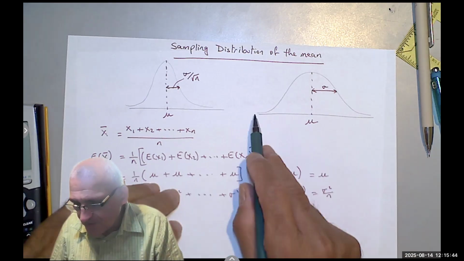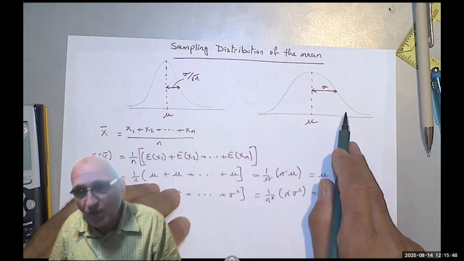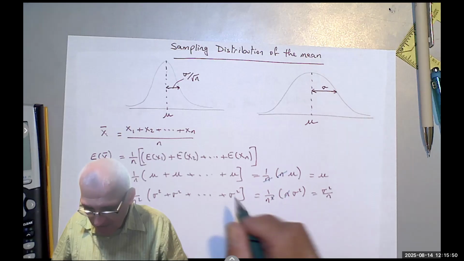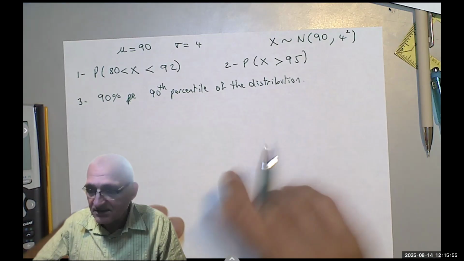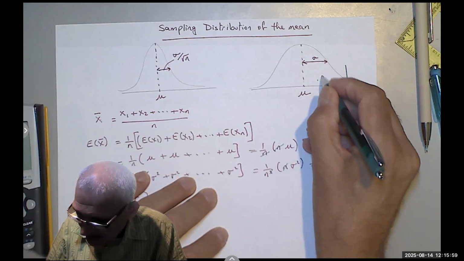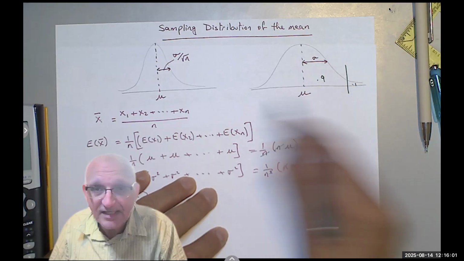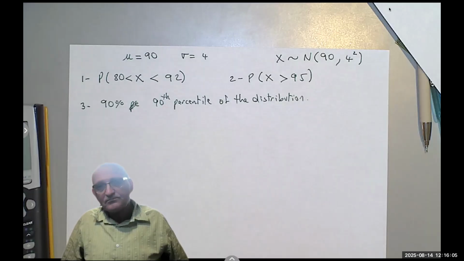Anyway, 10th, 20th, 30th, 40th, 50th, 60th, 70th. So I want the 90th. So I want to draw a line here and say this is 0.9 and this is 0.1. How do I get that with a calculator? These are the three things we want.